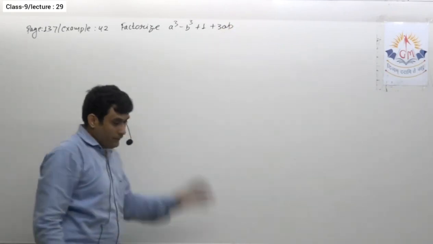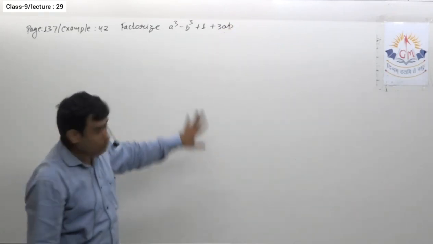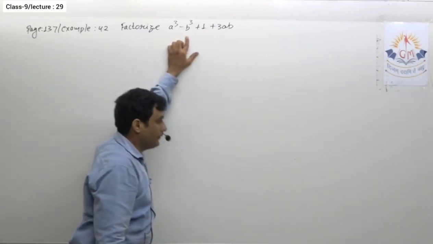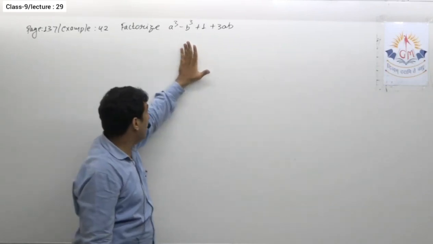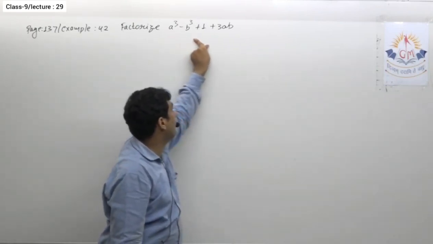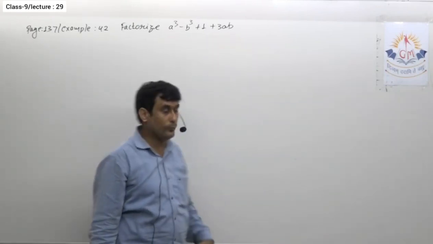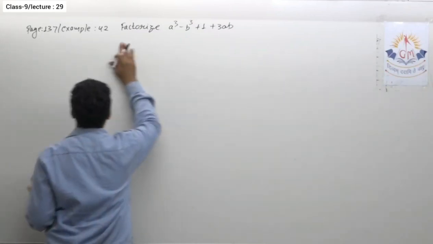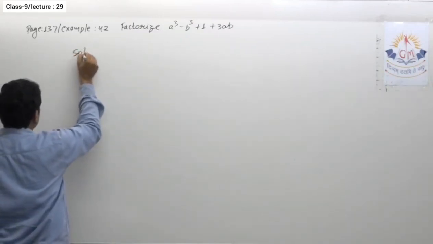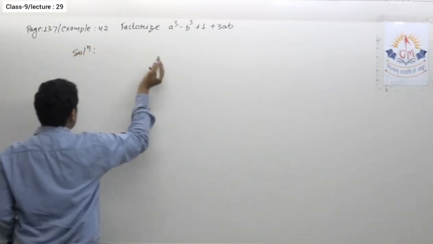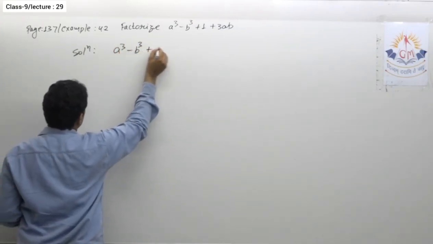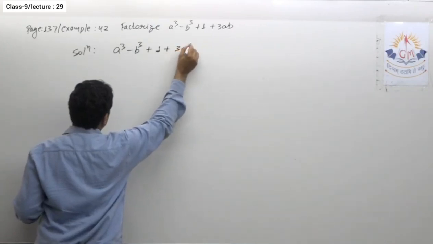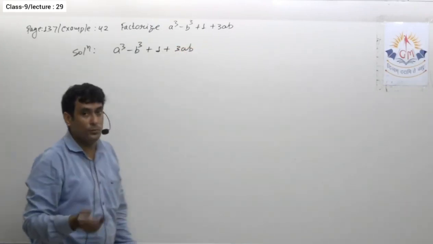Okay, so if we see the first 2 terms, they are in the form of a complete cube. So the first thing that may come to our mind is the identity of a cube minus b cube. Let us see if you apply that identity, whether you are able to factorize it further or not. If I write this as a cube minus b cube, the remaining term I write according to the identity.